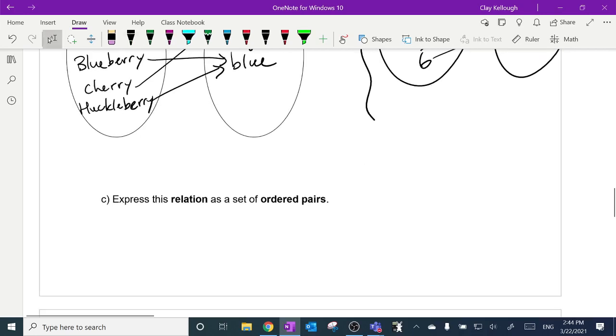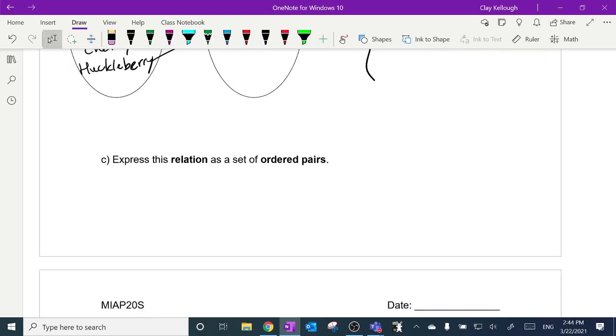Okay, so now, a set of ordered pairs. What do they mean by ordered pairs? Ordered pairs means X element, comma, Y element, assuming I call the sets X and Y. In this case, I'm going to call them fruit and color.